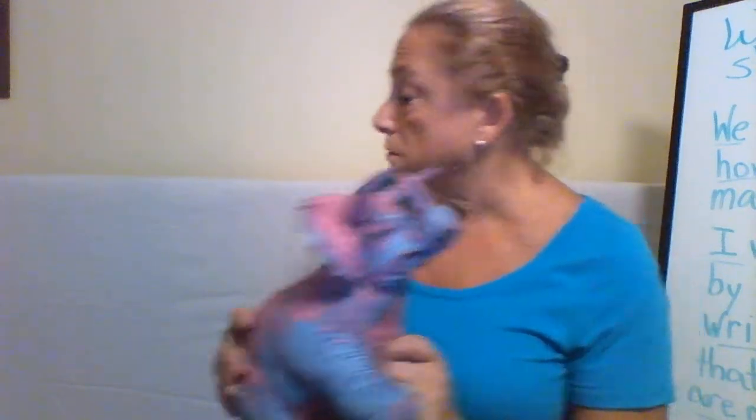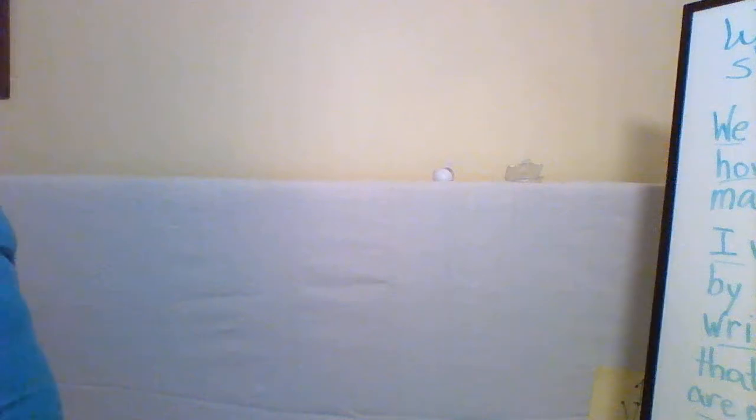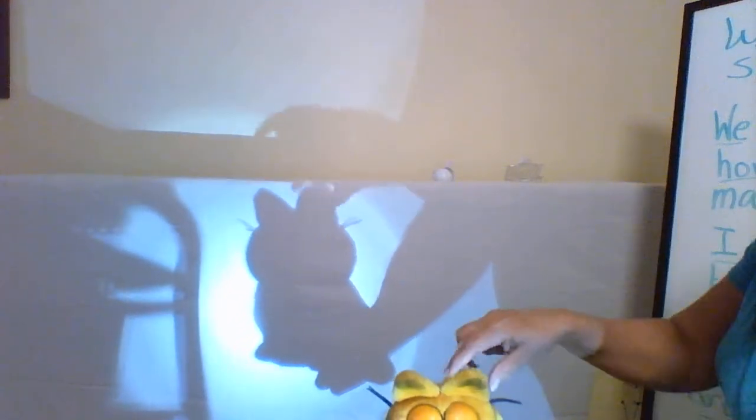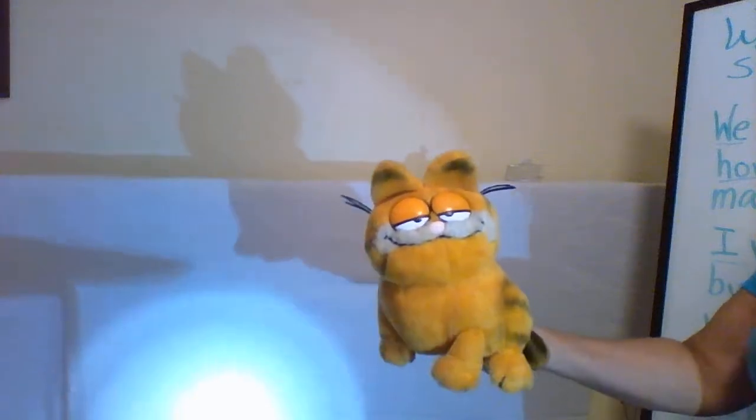Let's try one more, and I think you might get this one. Okay, here we go. Oh, let's see. I see some little whiskers, maybe. I see some ears. Is it a cat named Garfield?